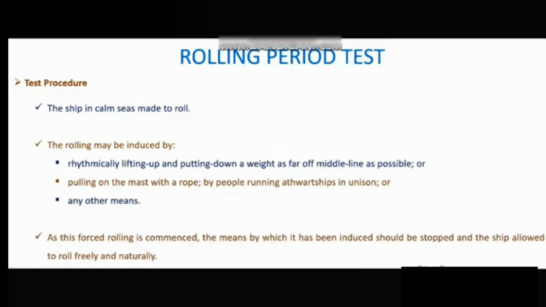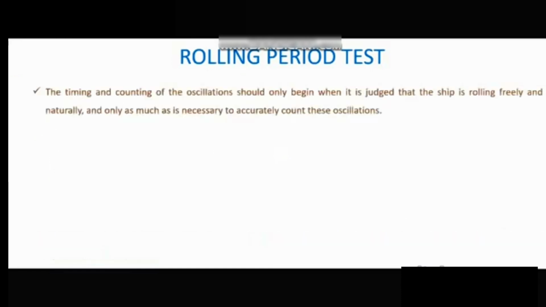As this forced rolling is commenced, because you are forcing the rolling to set in, then you stop any activity that you were carrying out to induce rolling and let everything settle down wherever it is, and let the vessel settle into a natural roll. Once the vessel settles into a natural roll, you can measure the period of roll with a stopwatch.